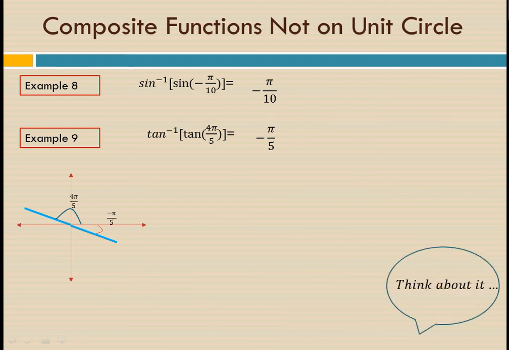Think about it. They form a line. So 4 pi over 5 and pi over 5 make pi, which is 180 degrees, which is a straight line, which is also the period of tangent. It's a lot to take in, but it really does all fit together.